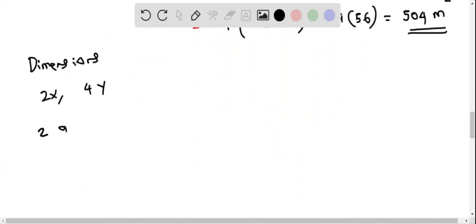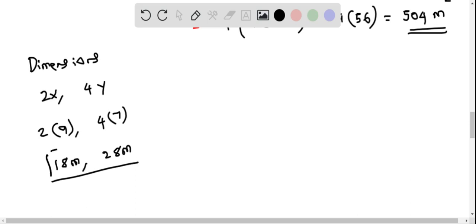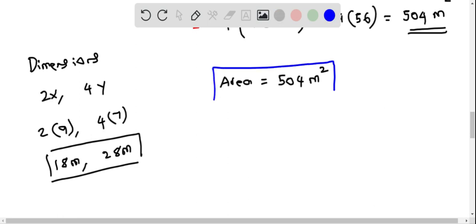So this becomes 2 times 9, and this becomes 4 times 7. So basically we get 18 meter and 28 meter. So these are the dimensions of the rectangular field, and the maximum area equals 504 meter square. So these are the answers to this question.